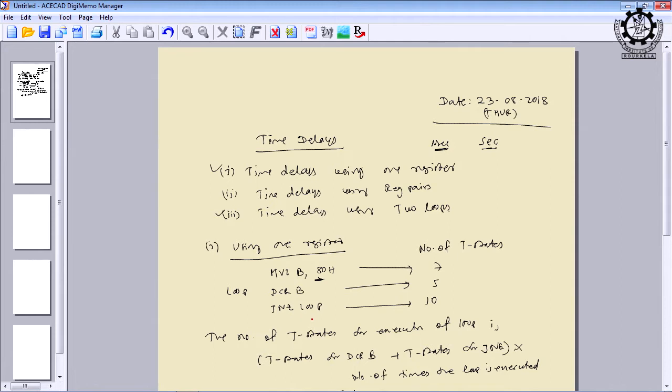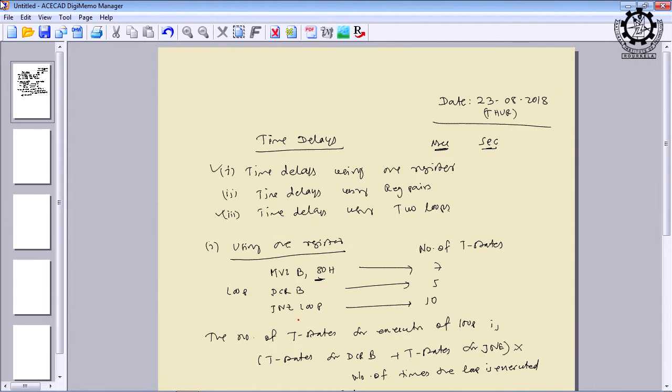Jump not 0 means until the B value is 0, the zero flag will be reset. The zero flag will be set whenever this condition is not satisfied, and then it will come out from the loop. So, in jump not 0 loop, loop is the label, which is a 16-bit memory address where the instruction decrement B is stored.